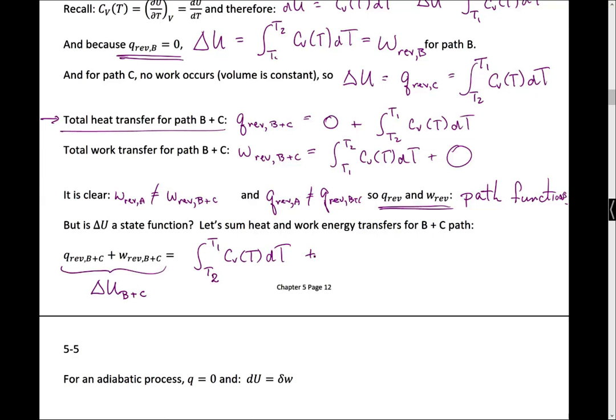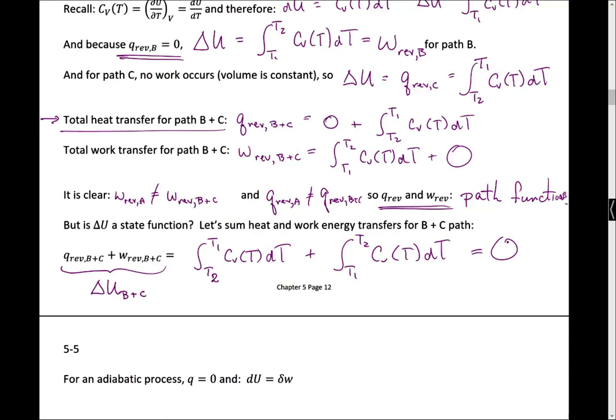That's my first term, the total heat transfer for path B and C. And then I add in the energy change due to work, which is the integral from T1 to T2 of Cv dT. And what does that sum to? That sums to 0.